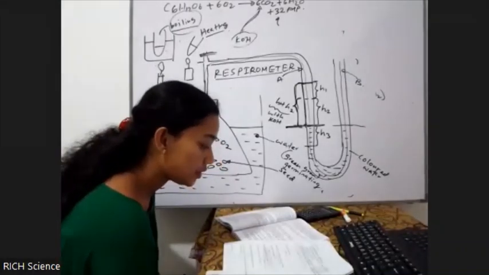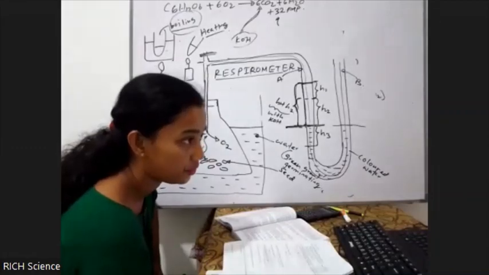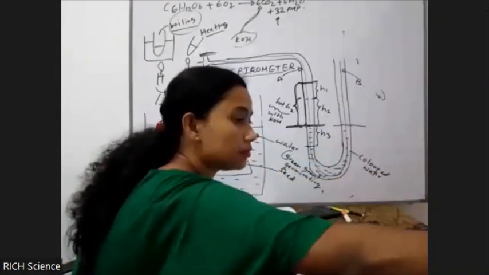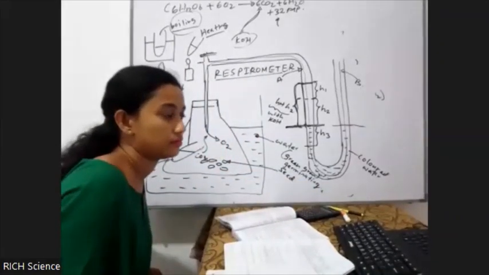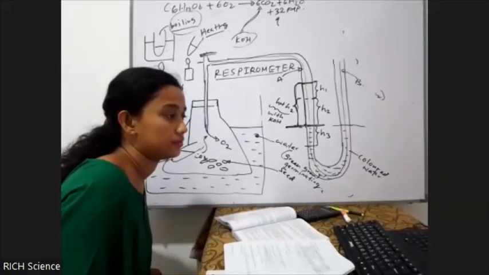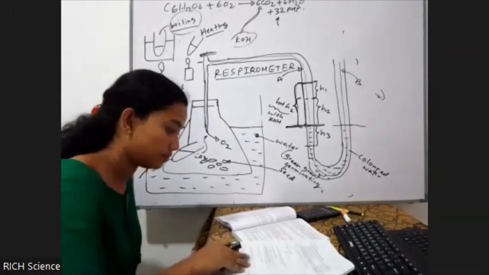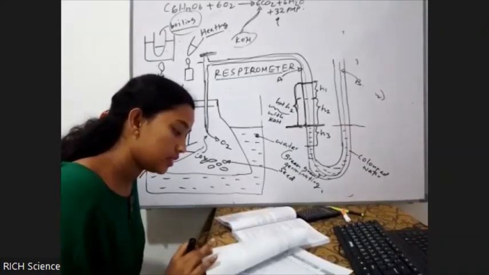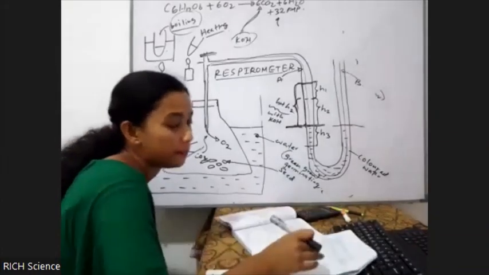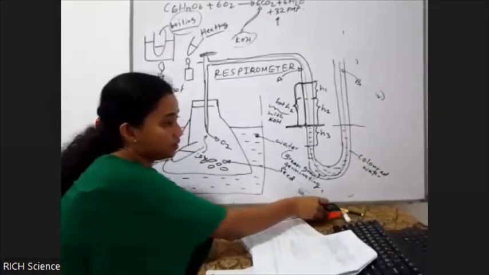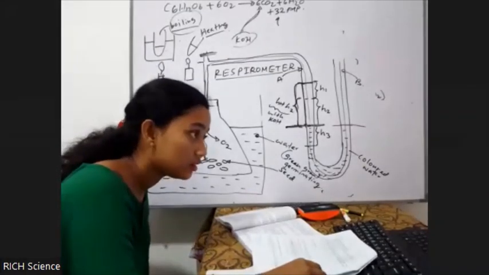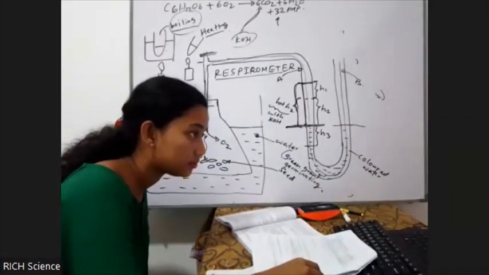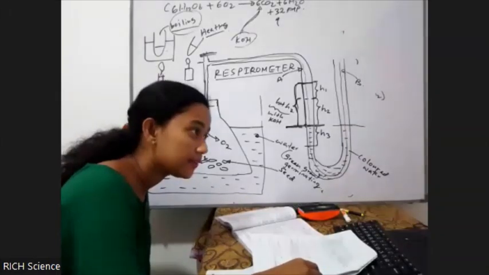Here the first solution is potassium hydroxide solution, then water. Why is clay used in here? Why do we use clay?